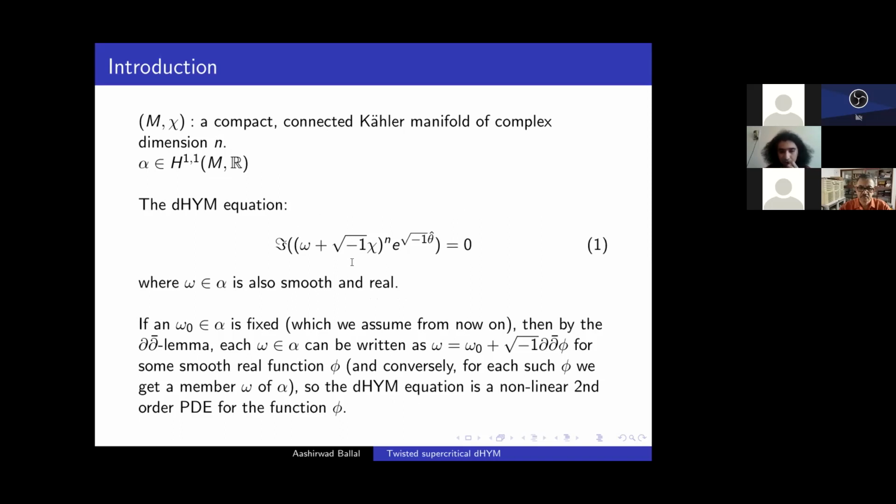Now it shows up supposedly in string theory, in mirror symmetry, where the special Lagrangian equation on one manifold gets transferred to the deformed Hermitian Yang Mills equation on the mirror manifold or something like that.